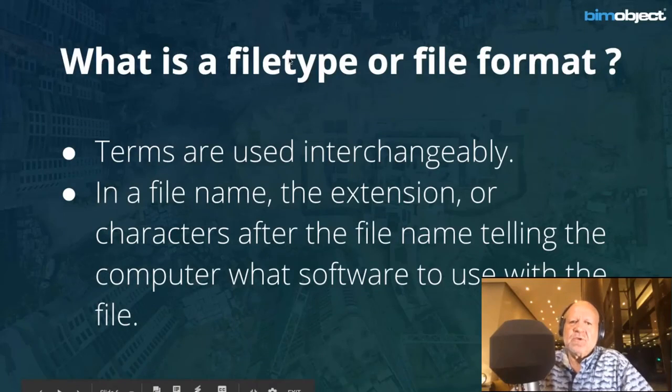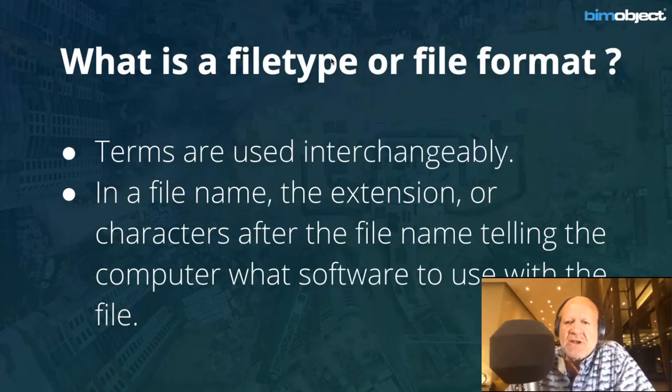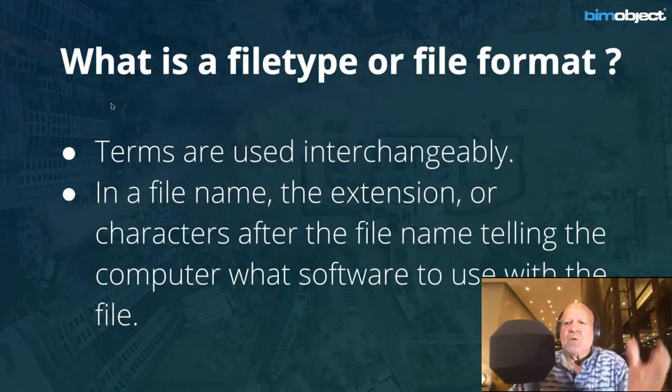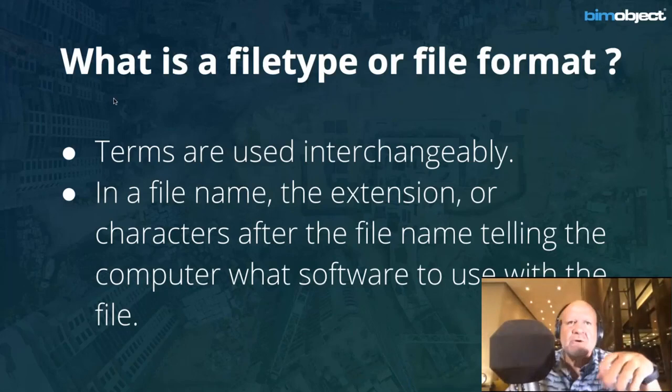So what is a file type or a file format? These terms are kind of used interchangeably. Don't want to get too technical today, but whenever we have a file name, how we store information, it doesn't matter if it's a complete project facility or a part, a hinge. Every computer file, as you well know, has an extension, or characters after the file name.